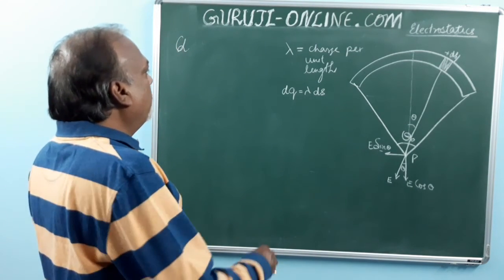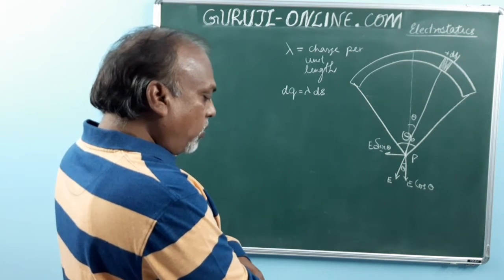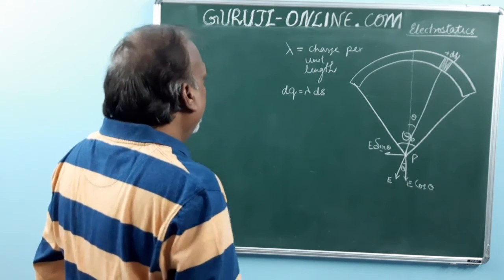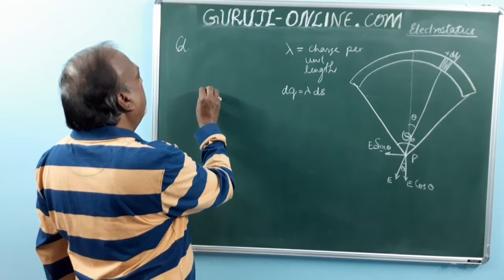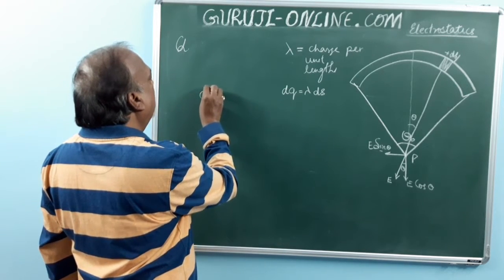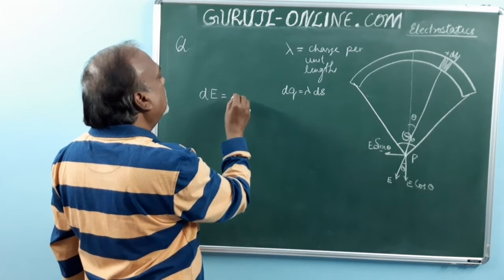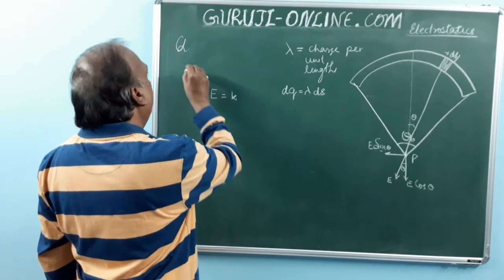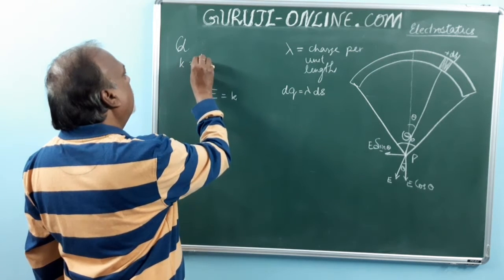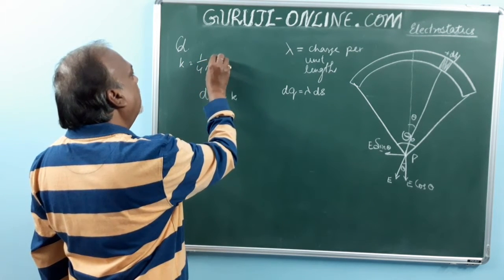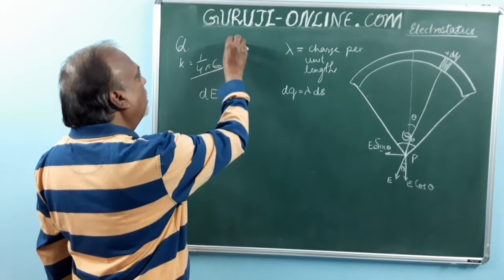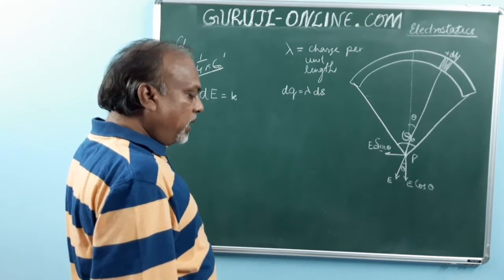So let us find out what E is. Here we can write dE for this portion as K dq upon r square, where K is nothing but 1 by 4 pi epsilon 0, and this is called Coulomb's constant.